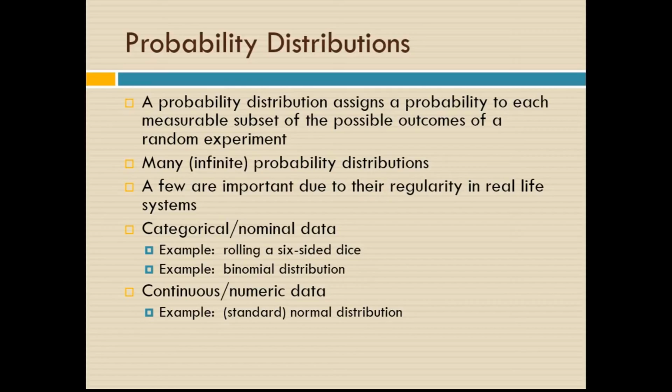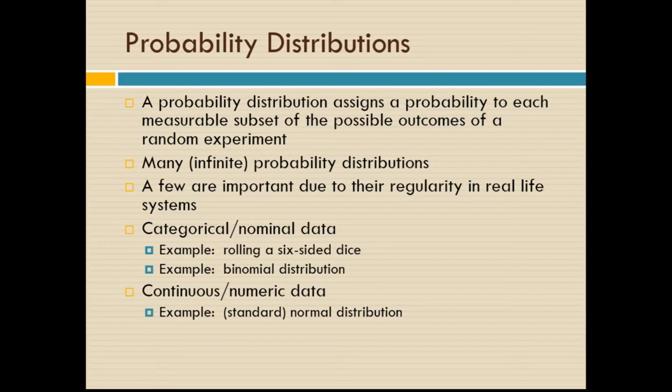If we think about probability distributions, we need to think about what type of data we're looking at. And again, we cut this into two different types of data. We look at data where our outcome is categorical, where it's either this or this, and we can count those. It's a countable number of clear, mutually exclusive categories. Think about rolling a six-sided die.